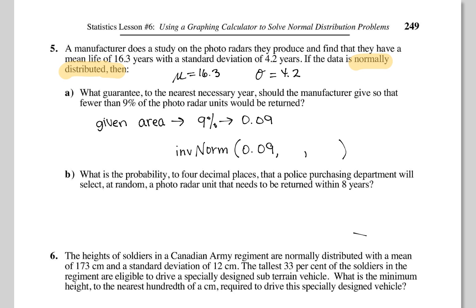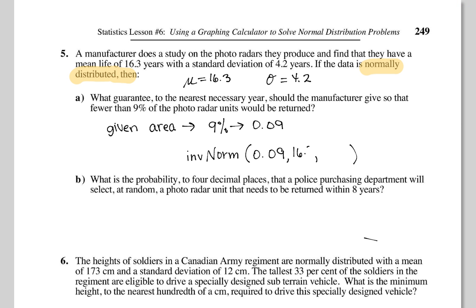So the average is 16.3 and the sigma is 4.2. Okay, I got 10.66, so I guess this would round to 11 years.